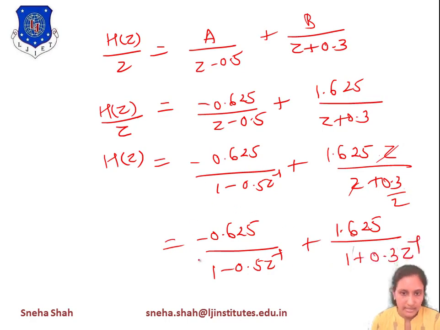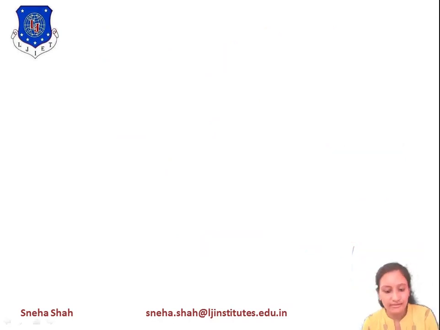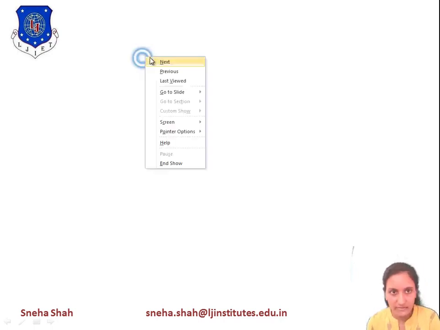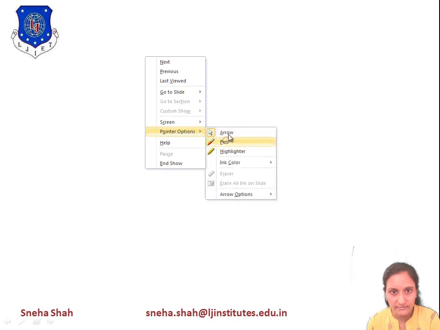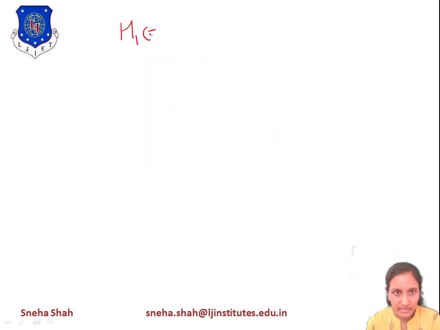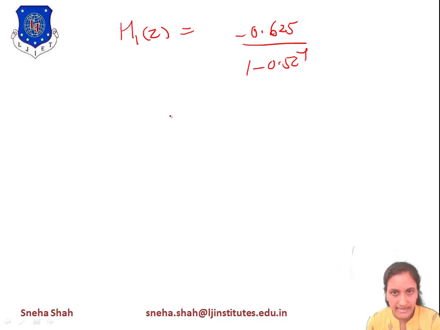So this one we will take as h1 of z and this one as h2 of z. Simply we will add these two terms and find the final answer. If we write down the value of h1 of z, it equals minus 0.625 upon 1 minus 0.5 z inverse, right?